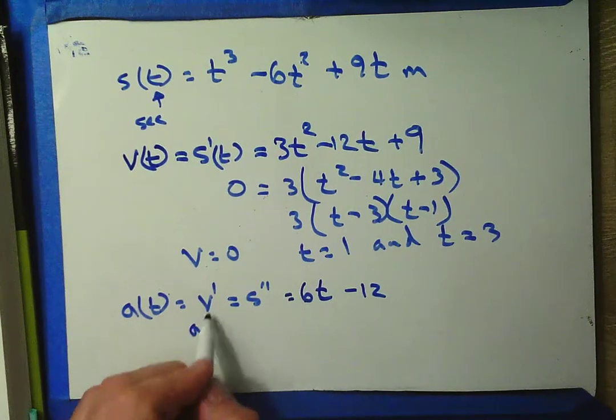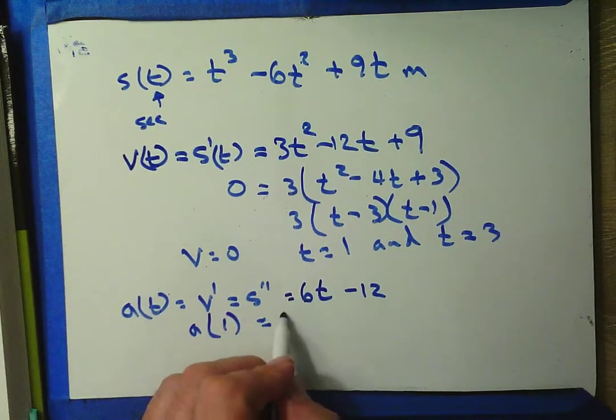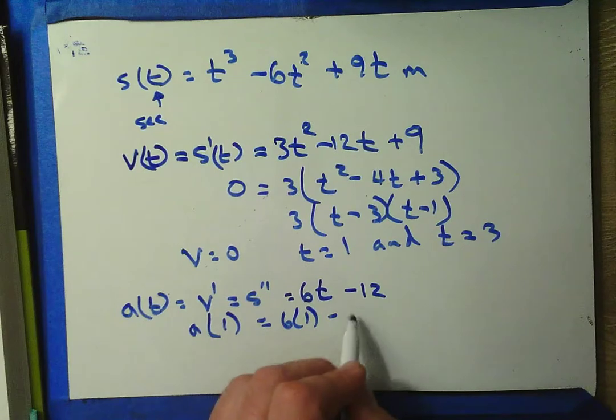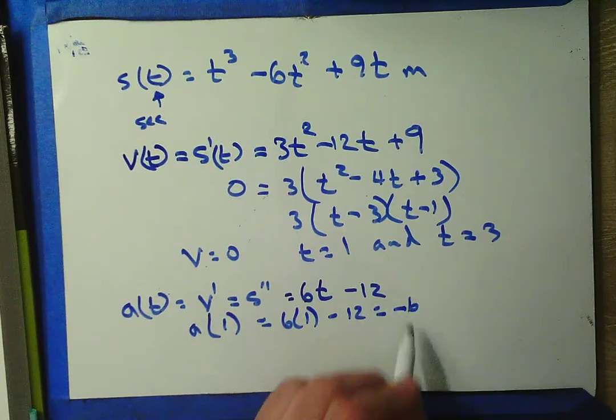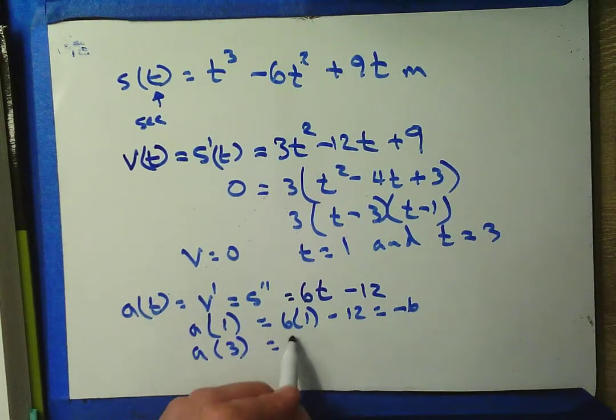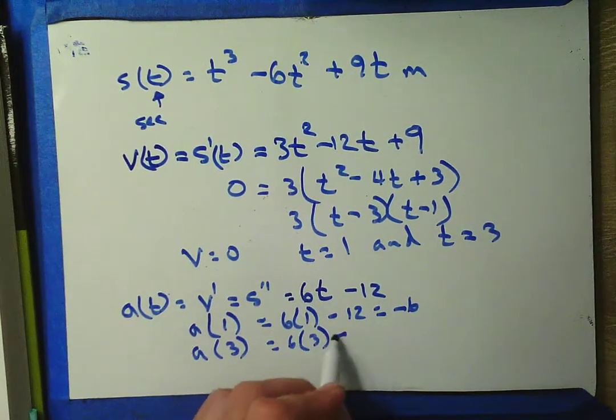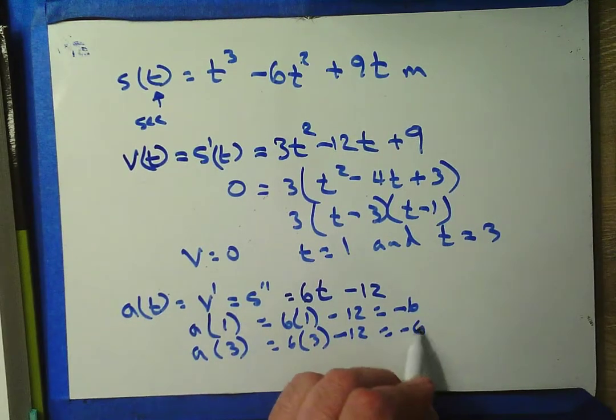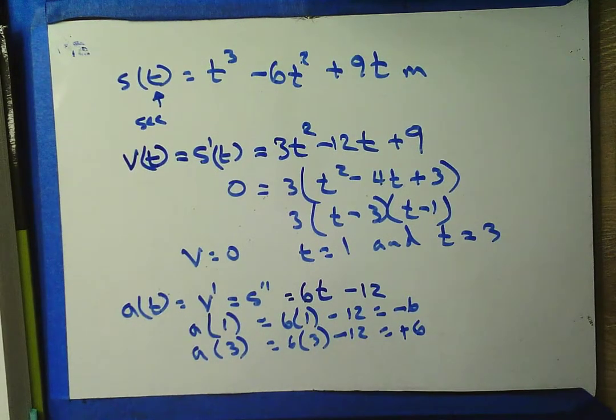So if I want to know acceleration at time equal to 1, that's 6 times 1 minus 12, or negative 6. And if I want to know acceleration at time equal to 3, that's going to be 6 times 3 minus 12, or positive 6. So those are going to be my accelerations.